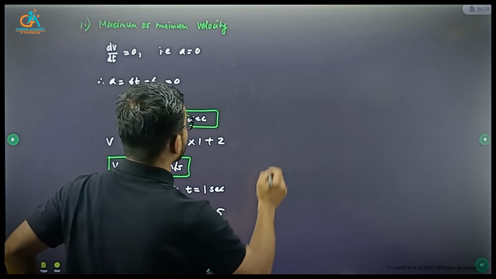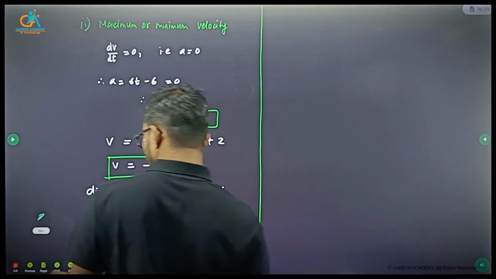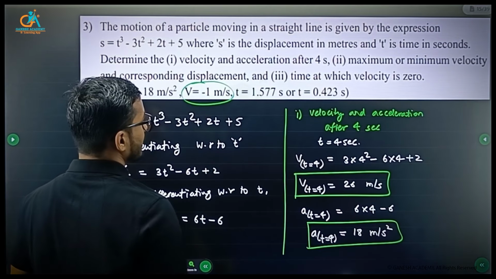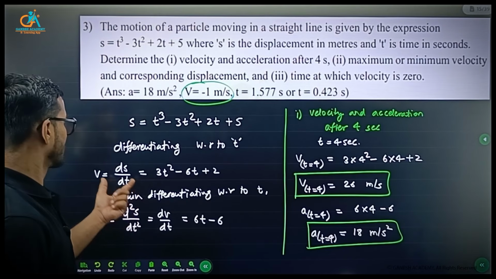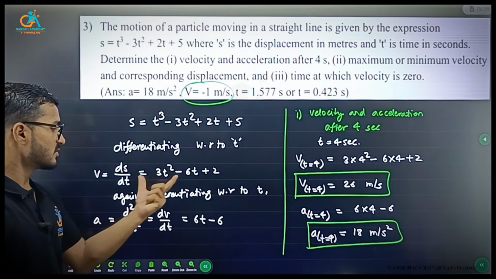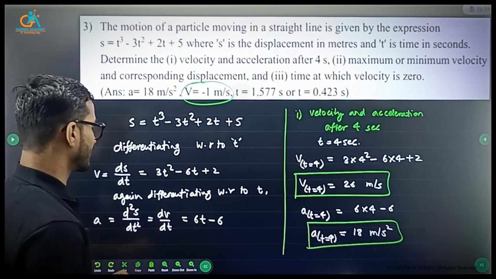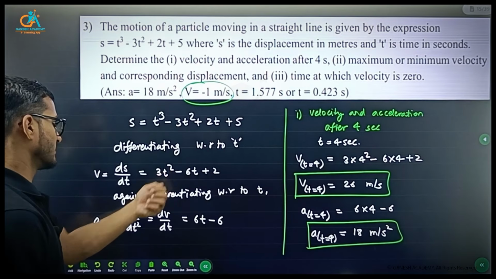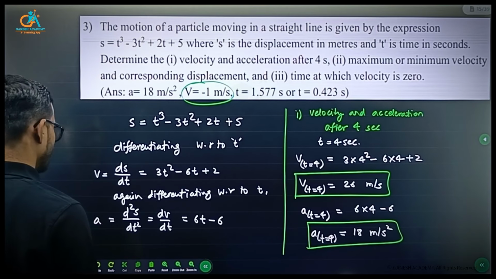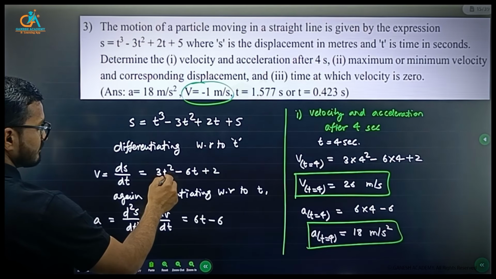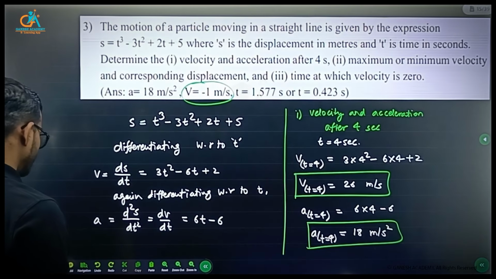Okay, and the last part is the time at which velocity is 0. So just substitute velocity equal to 0. You will get two values of t, as the function of v is having t square. This is basically a quadratic equation.